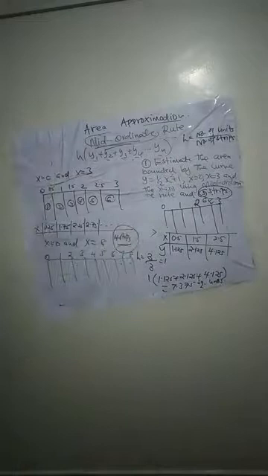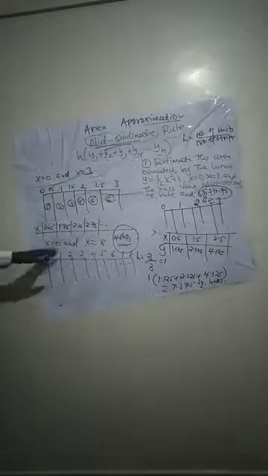Using mid-ordinate rule and 4 strips, estimate the area bounded by this curve and the lines x equals 0 and x equals 8. Now in this case, unlike in the previous case where the number of strips was half the required, the number of strips is twice the required.